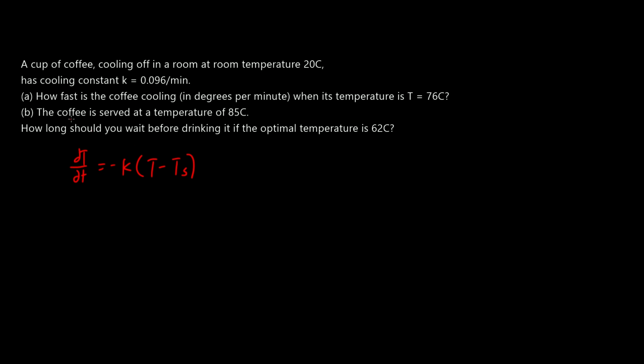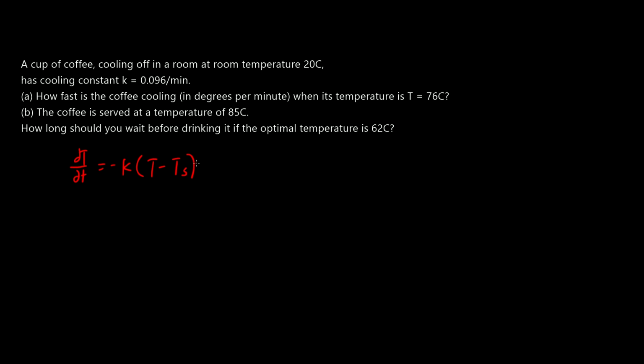So notice how part B is not asking for a rate. This means that we're going to have to solve this equation here so we can get it back up to the temperature equation. So once we have the temperature equation and not just the rate at which the temperature is changing, we can plug in 62 degrees Celsius and find t and just solve for it to see how long we have to wait before drinking it.